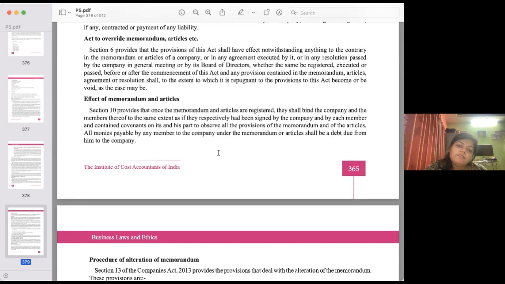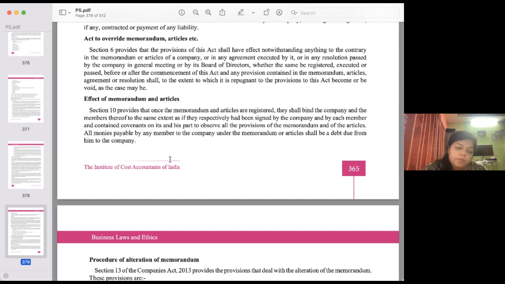And what is the effect of memorandum and articles? Section 10 provides that once the memorandum and articles are registered, they shall bind the company and the members thereof to the same extent as if they respectively had been signed by the company and by each member. And all monies payable by any member under the memorandum shall be a debt due from him to the company.